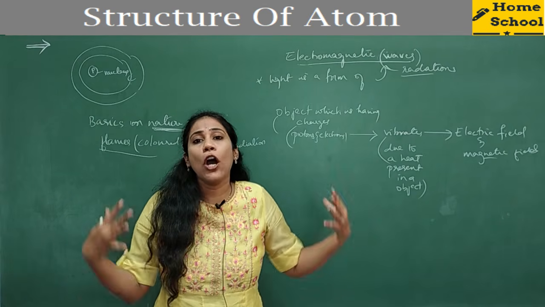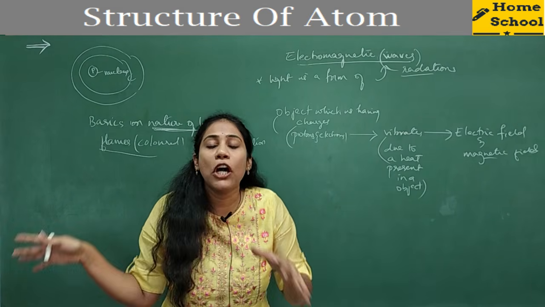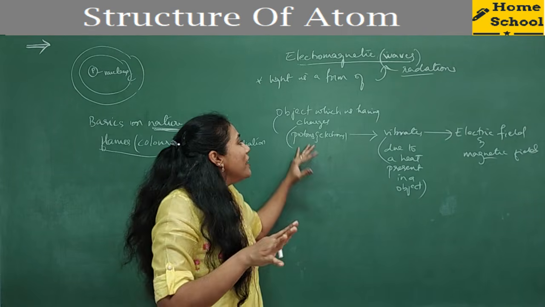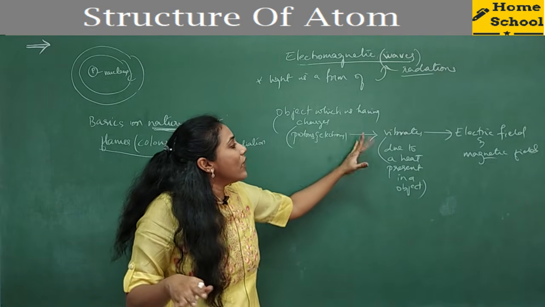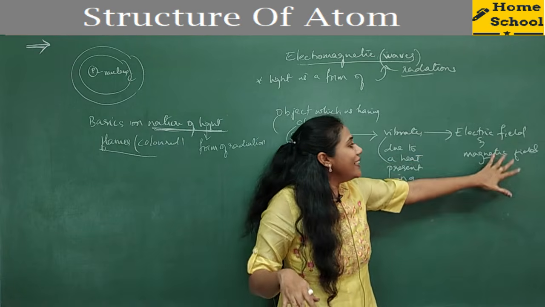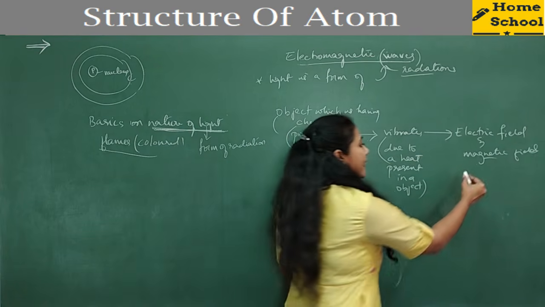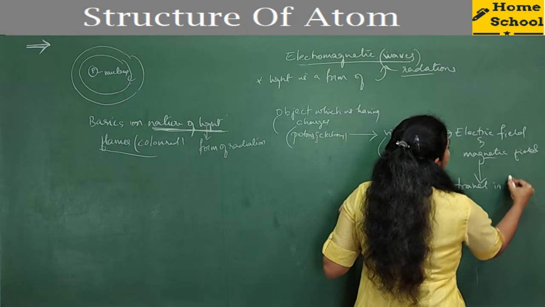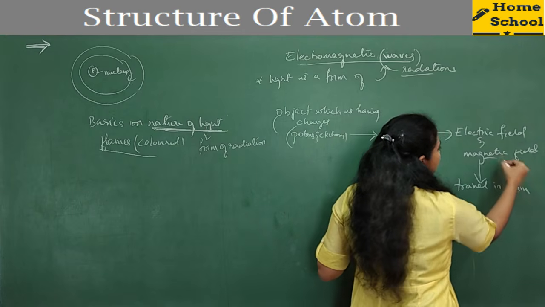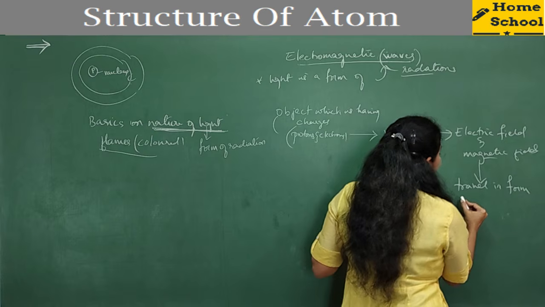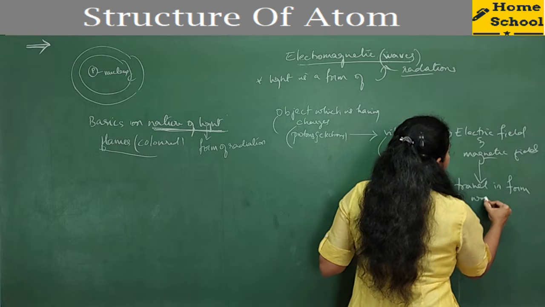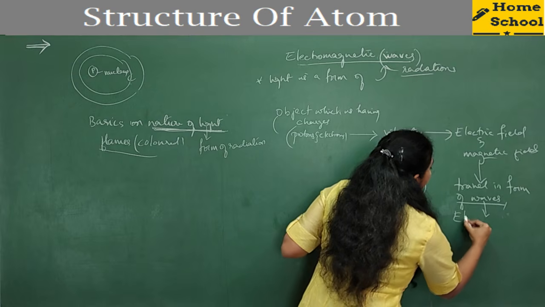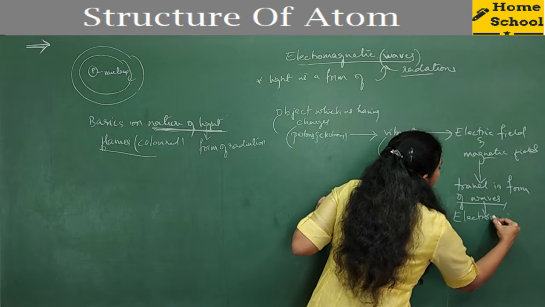Inside every object, every living and non-living object present in the universe. So when these things vibrate, we get electric field and magnetic field, and they travel in the form of waves, and we call these waves electromagnetic waves.